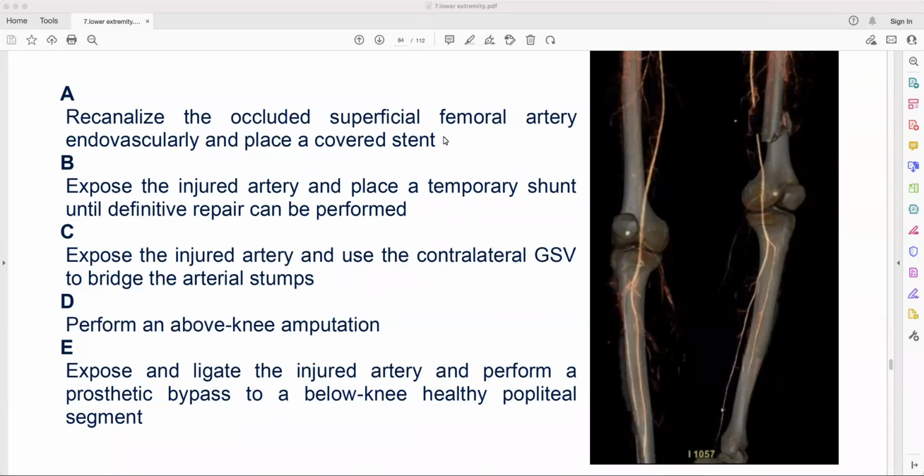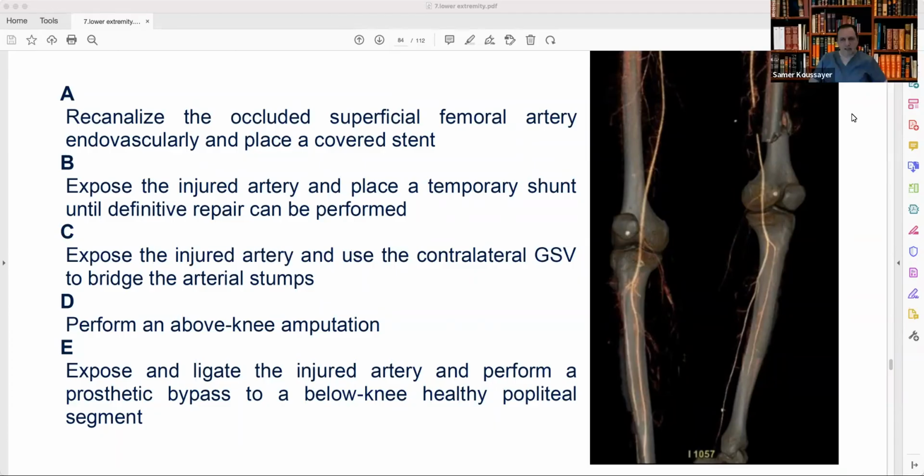If the patient is more stable, I think I will do this, plus the fasciotomy. Correct. And D, perform an above knee amputation. I think this is more aggressive management, and I will not choose it, unless he has major tissue loss or nerve injury, then yes. But in this scenario, it's not.